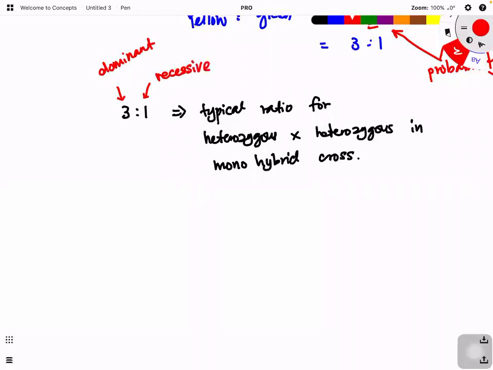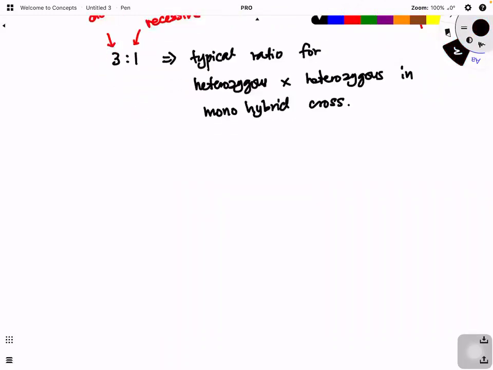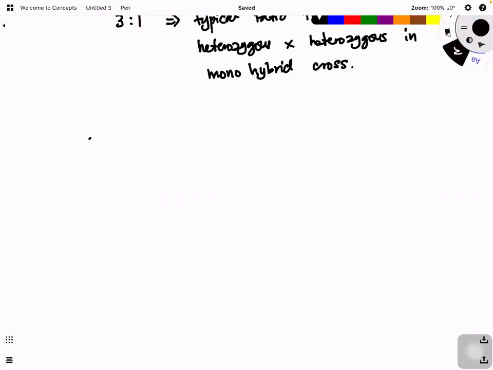Okay, dominant and recessive. If you look at the dihybrid cross, what's the typical ratio? In a dihybrid cross, you do the same thing, then you get 9, 3, 3, 1.